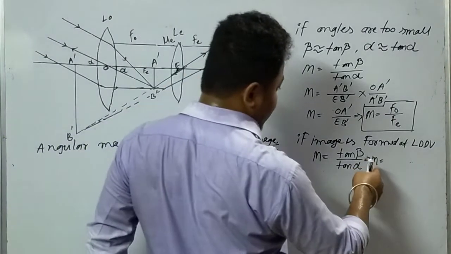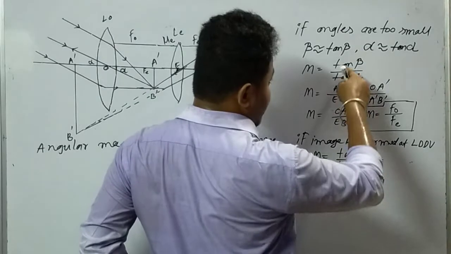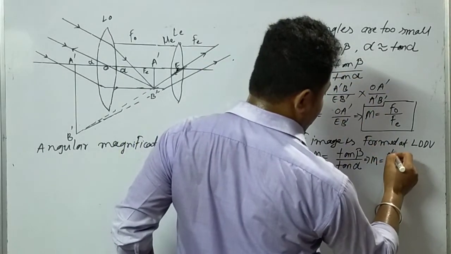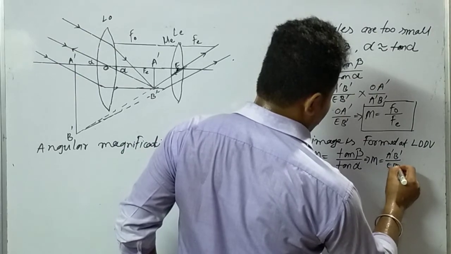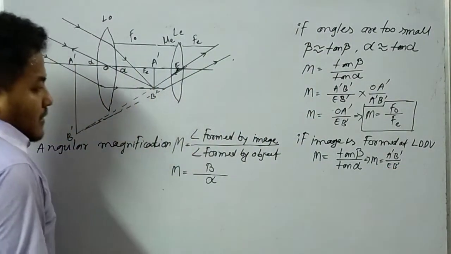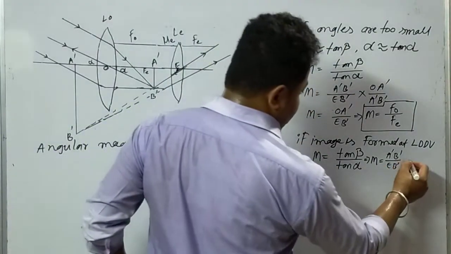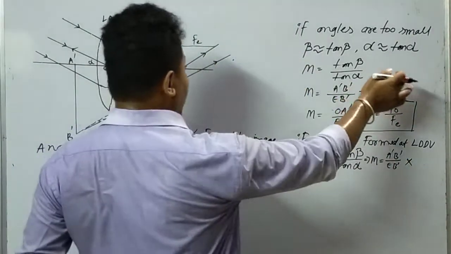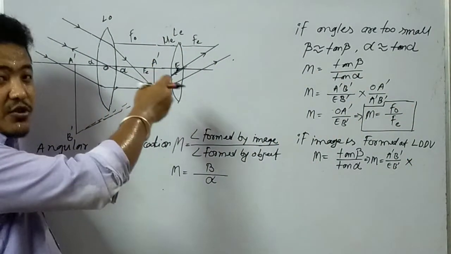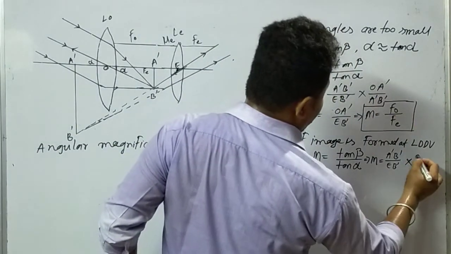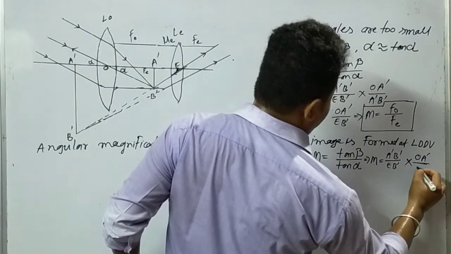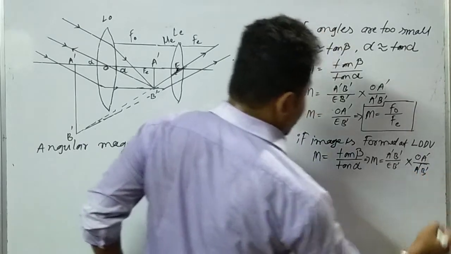That means tan beta is A dash B dash by EB dash. So tan alpha will also remain the same. See, nothing has changed, only the position has changed. So tan alpha will become O A dash by A dash B dash.